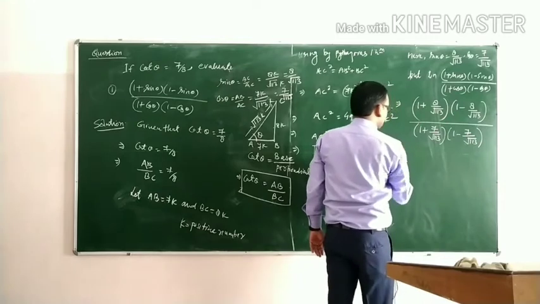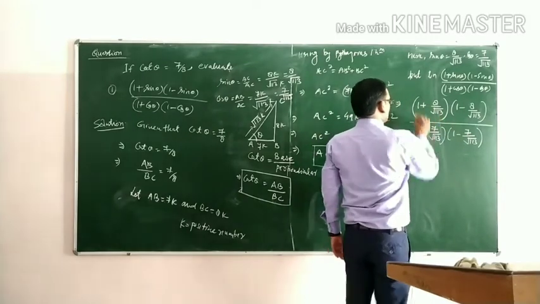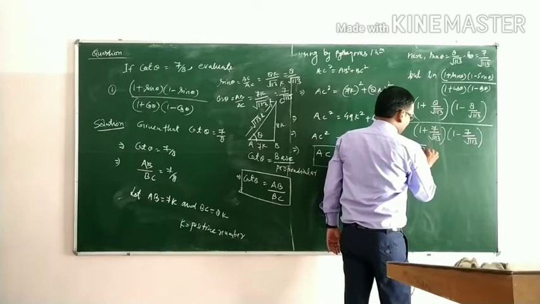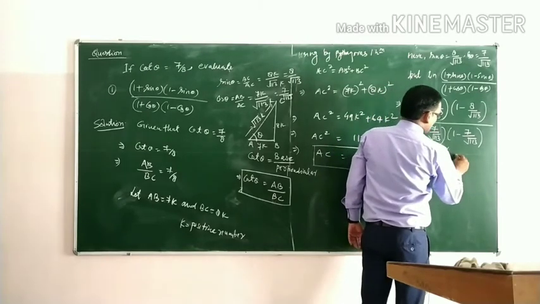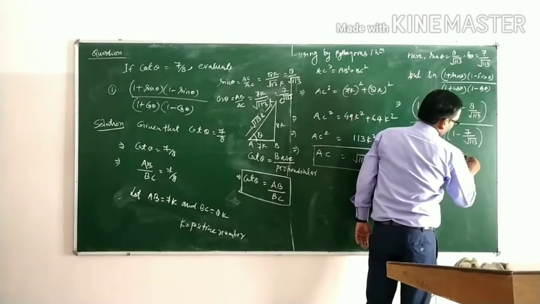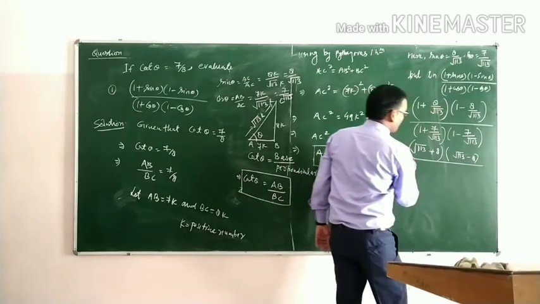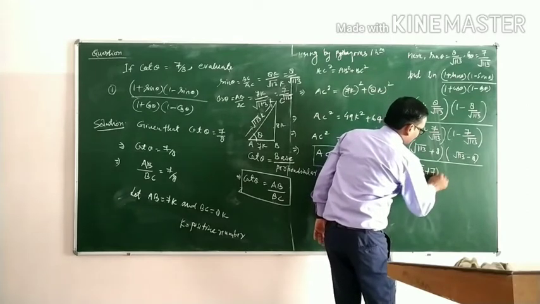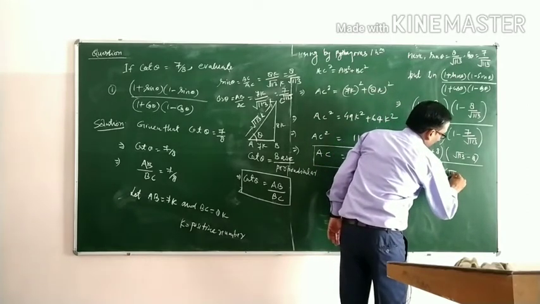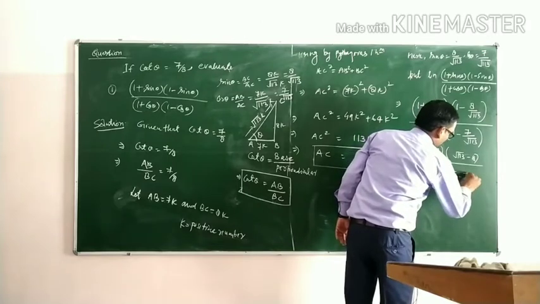This implies (square root 113 plus 8)(square root 113 minus 8) upon (square root 113 plus 7)(square root 113 minus 7).